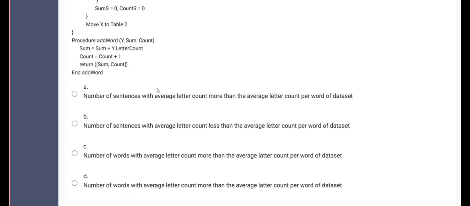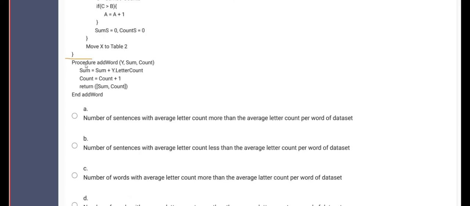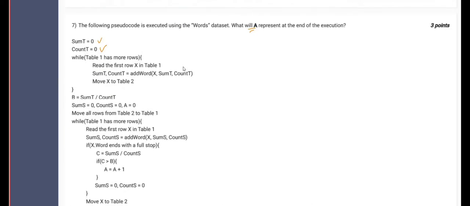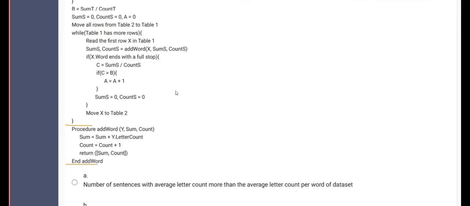Let us find that. So here, sum T is nothing other than the letter count of that particular word, and count T is the number of words that have been read.